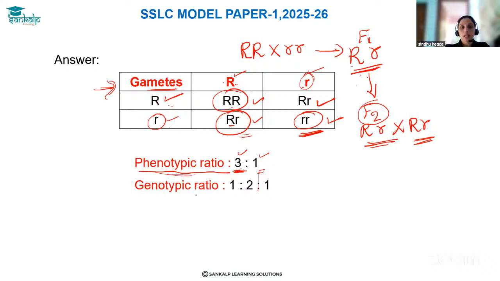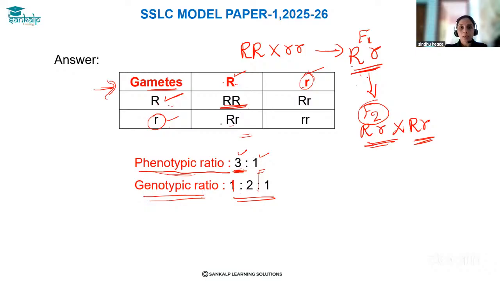But for the genotypic ratio, we have to write them separately. Here we write homozygous dominant, heterozygous dominant and homozygous recessive differently. So this capital R and capital R is 1. This is the homozygous dominant.